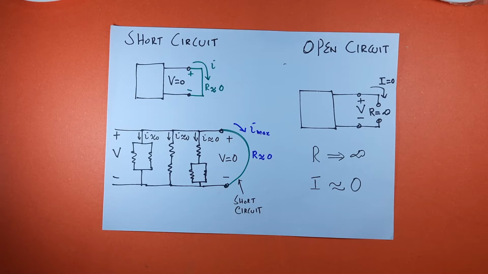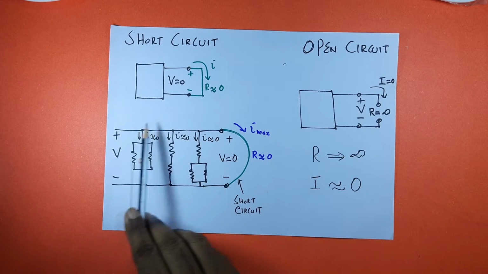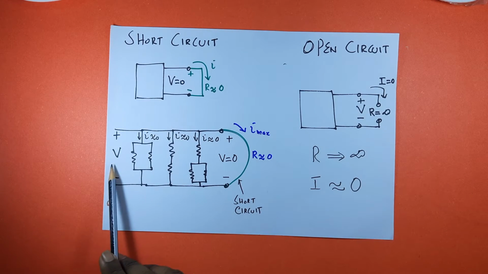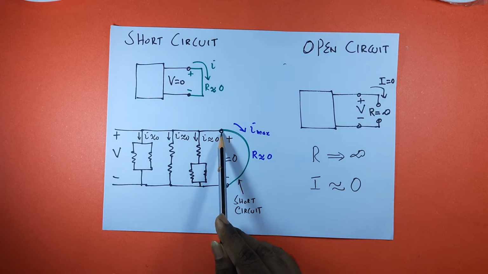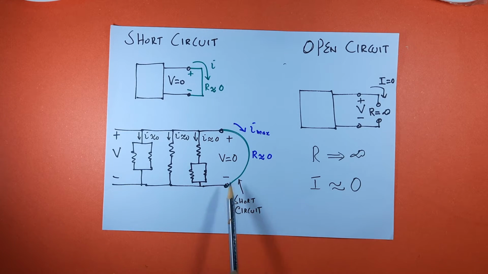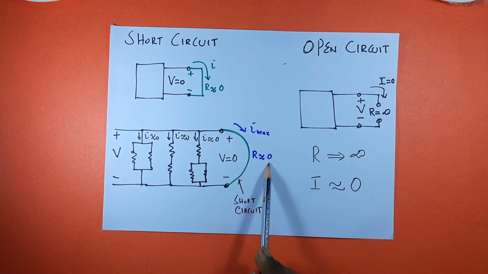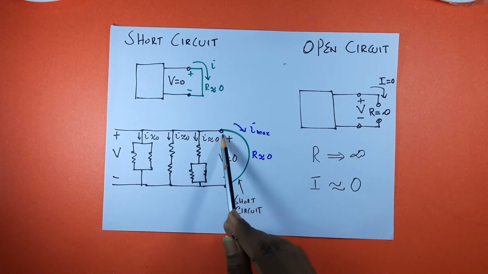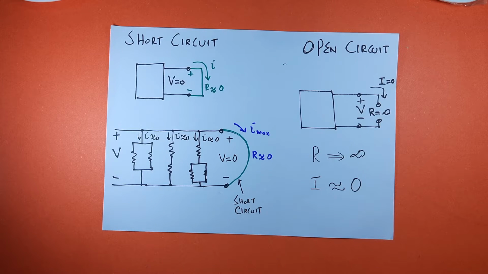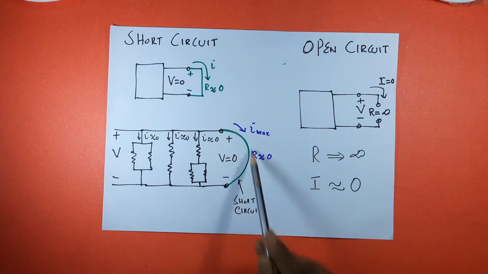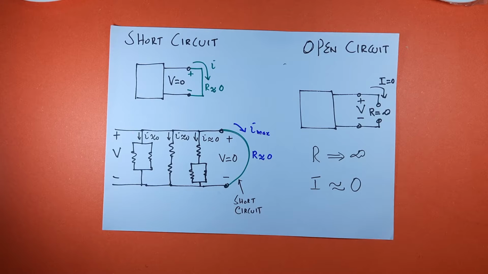For example, you see the circuit. So this is a somewhat complex circuit. V is the applied voltage and this is the output terminal. We connect one short circuit. So the resistance of the short circuit is zero, the voltage across the short circuit becomes zero, and all the circuit current, the very high current or maximum amount of current, is going to flow through the short circuit.